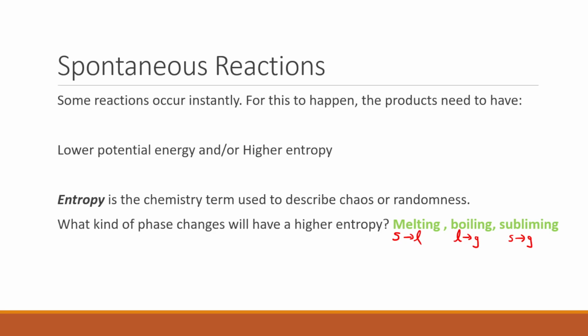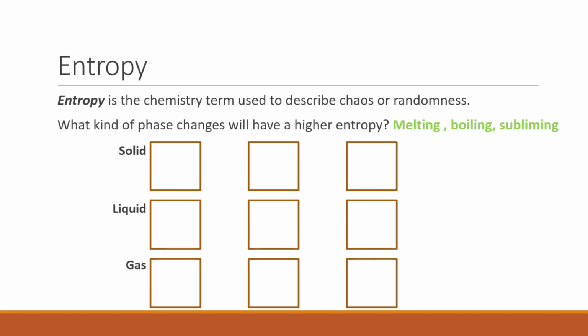Now, why? Let's look at entropy with a little bit more of a lens here. We're looking at melting, boiling, subliming. Those are the things that have the most entropy. How can we explain entropy in a way that makes sense to us? Imagine you have a camera, right? This is your camera. It's wonderful. It's perfect.